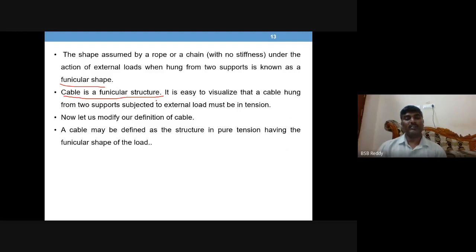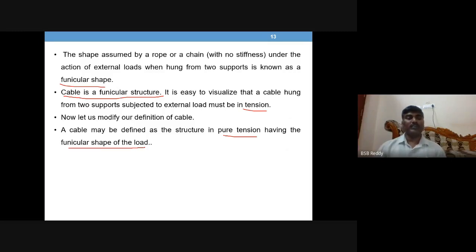It is easy to visualize that a cable hung from two supports subject to external load must be in tension. So now let us modify our definition of cable. Cable may be defined as the structure in pure tension having funicular shape of the load. That's how cable is defined.